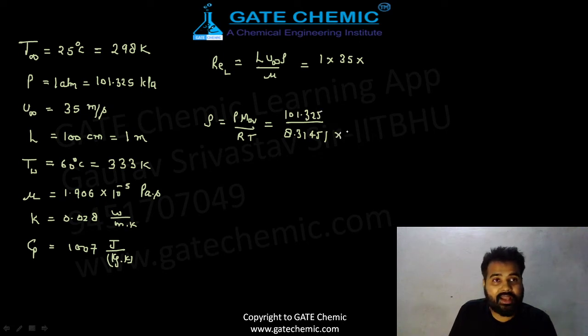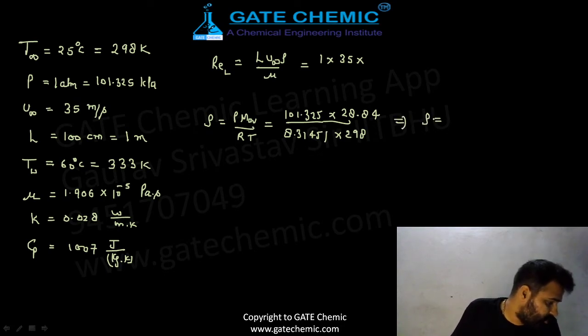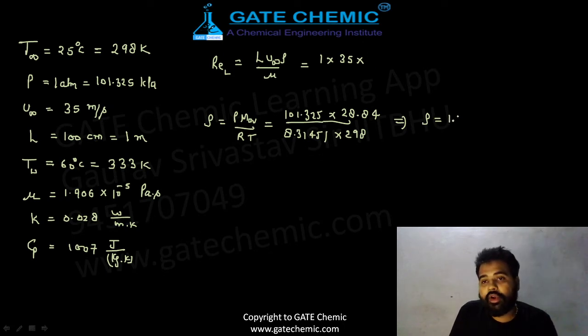Temperature must be in Kelvin, so air is at 298 Kelvin and average molecular weight of air is 28.84. After calculation you will get density 1.1794 kilogram per meter cube.